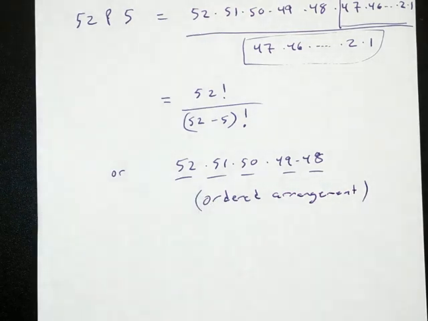What if I don't care about keeping them in order? Here are my 5 cards again. If I can rearrange them however I want, that changes the number of things, right?